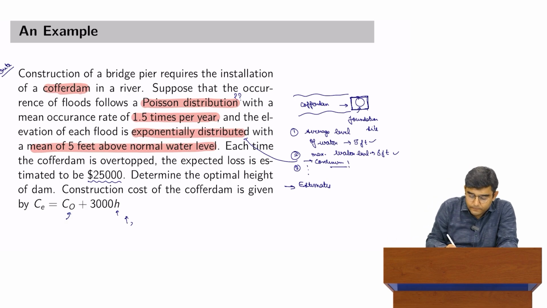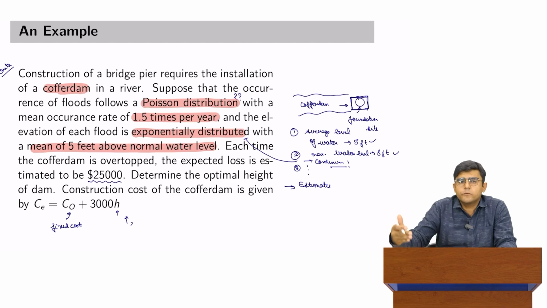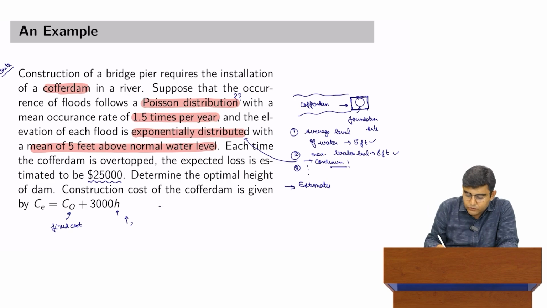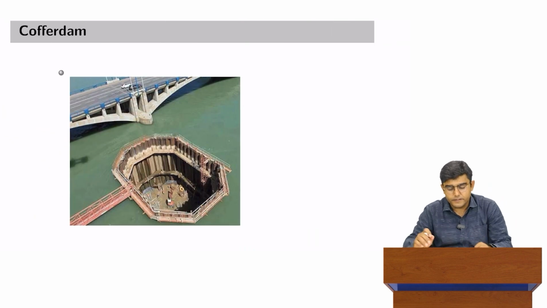And C naught is a fixed cost. It does not matter if you build 1 foot of coffer dam or 2 feet or 3 feet, you still have to build foundations, and that is going to be a fixed cost. And the question is, what should be the value of H in this particular case?